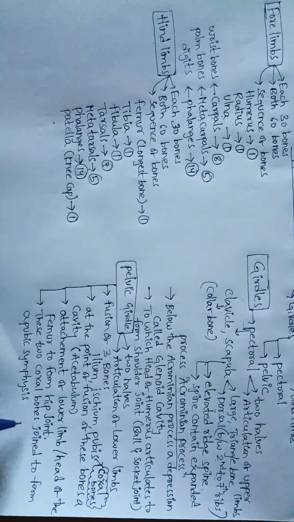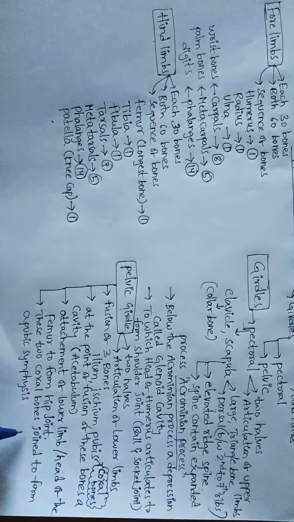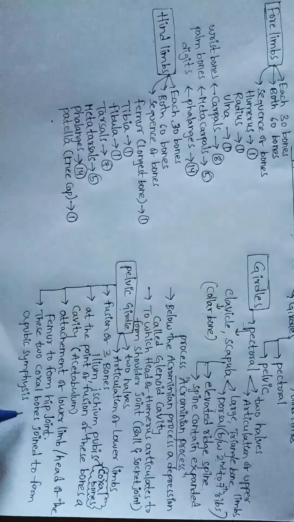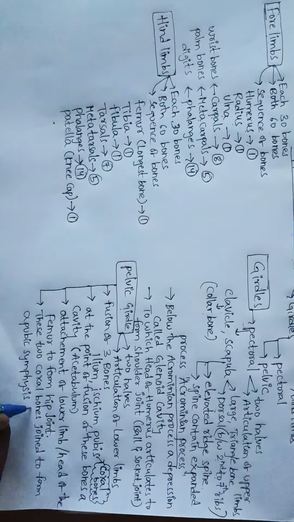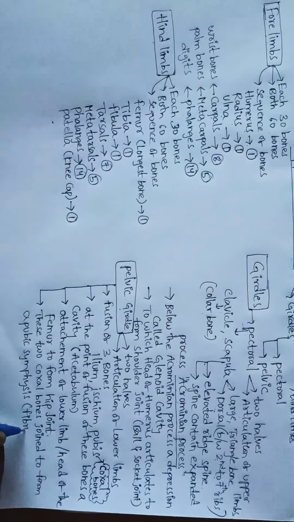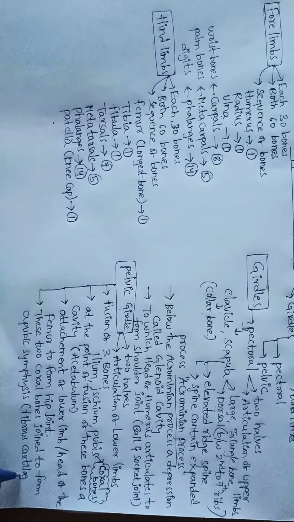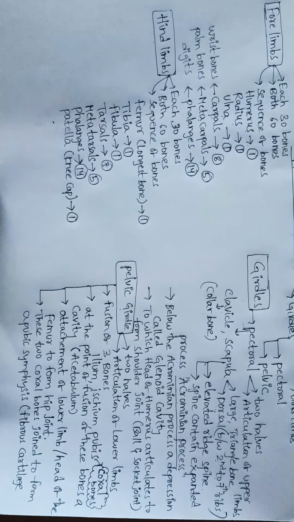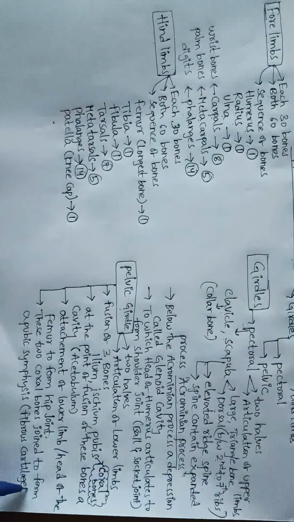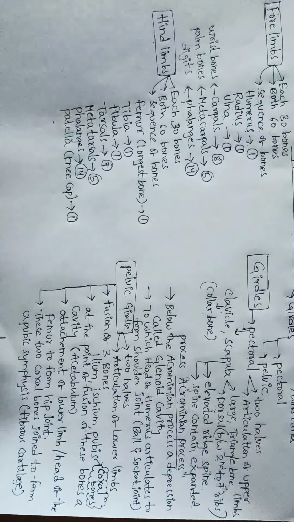It is the meeting of two coxal bones on the ventral side. It is a fibrous cartilage. Fusion of two coxal bones ventrally forms the pubic symphysis. This is fibrous cartilage. This is about pelvic girdle.